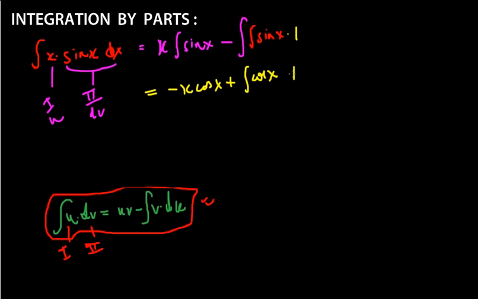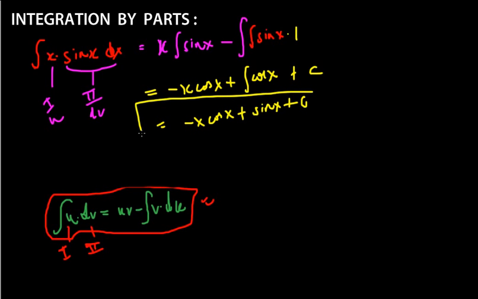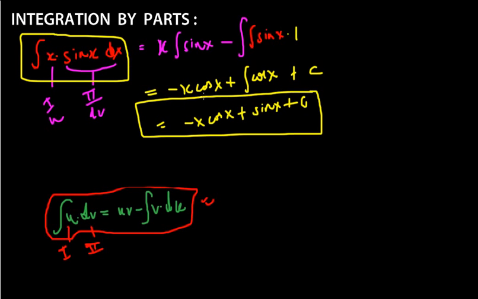And of course we have a plus c here. So this becomes minus x cosine of x. The integral of cosine of x is sine of x. Sine of x plus c. There you go. We have integrated this hairy looking, pretty daunting function.